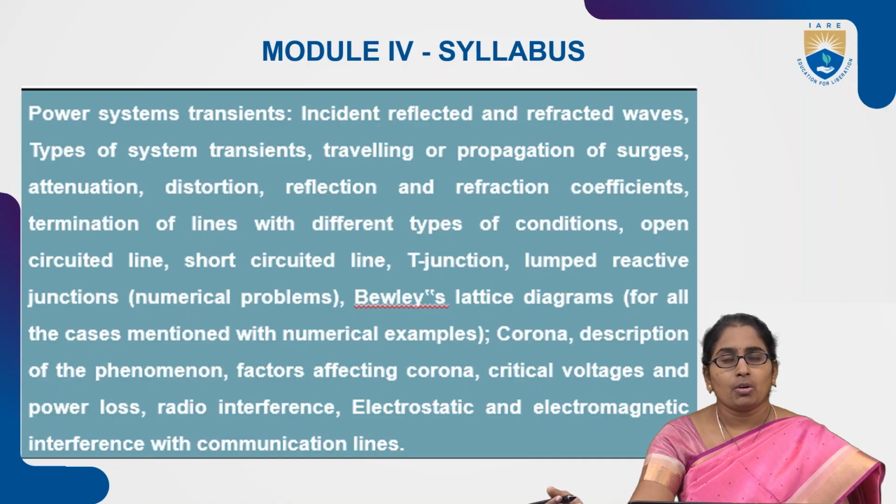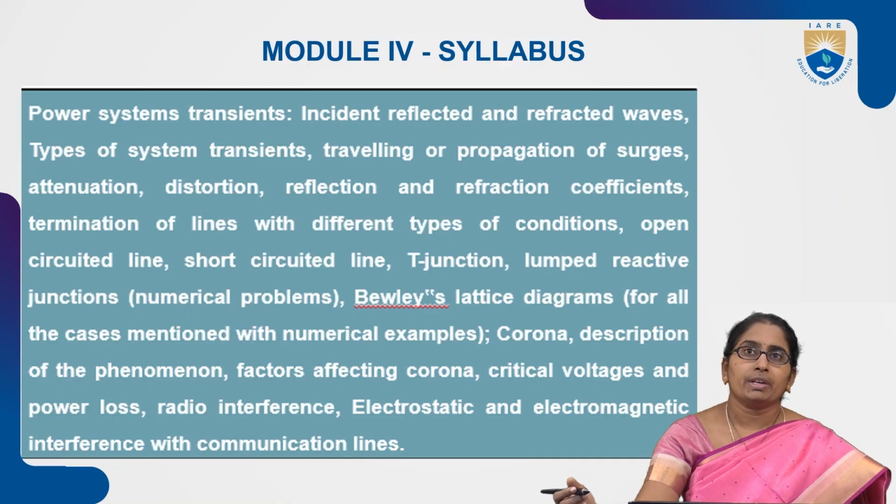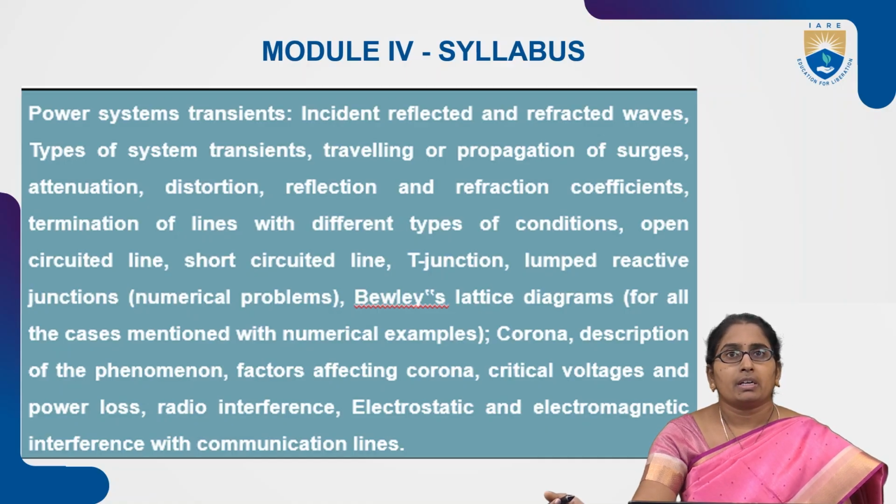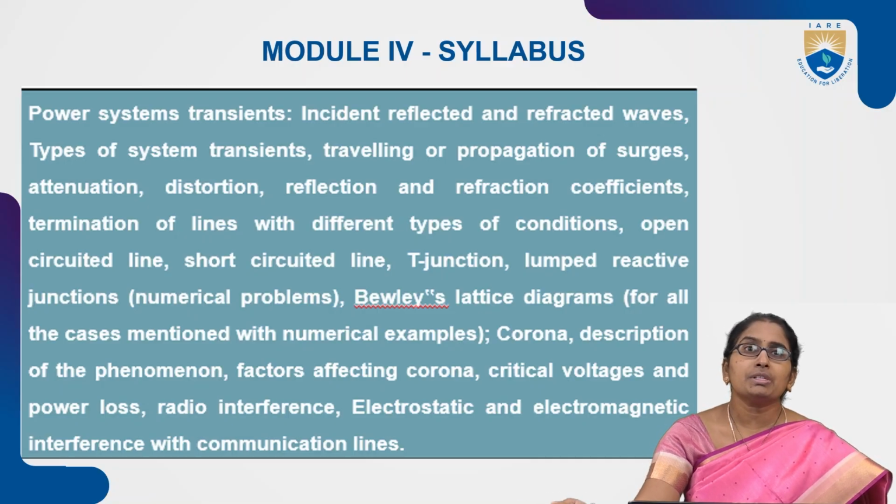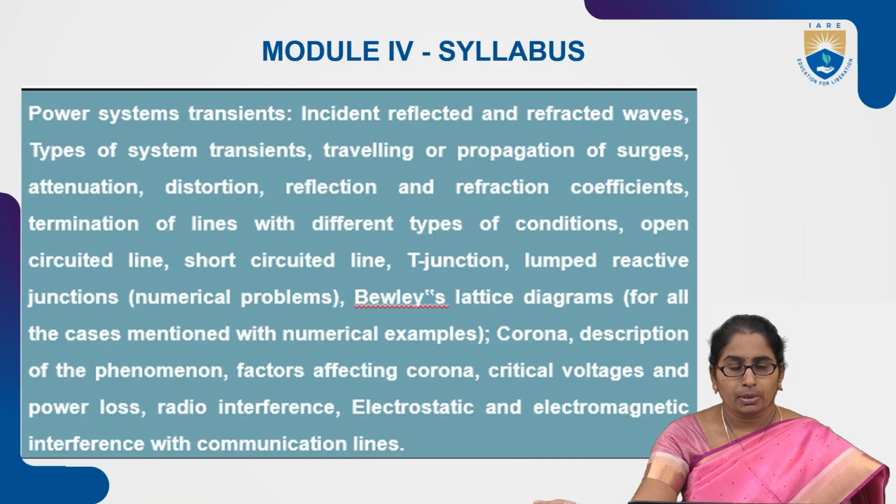The concepts are: incident, reflected, refracted waves, types of system transients, traveling or propagation of surges, attenuation, distortion, reflection, diffraction coefficients, termination of lines with different types of conditions, open circuited line, short circuited line, T-junction, lumped reactive junctions, and dual lattice diagram for all mentioned cases with numerical problems.